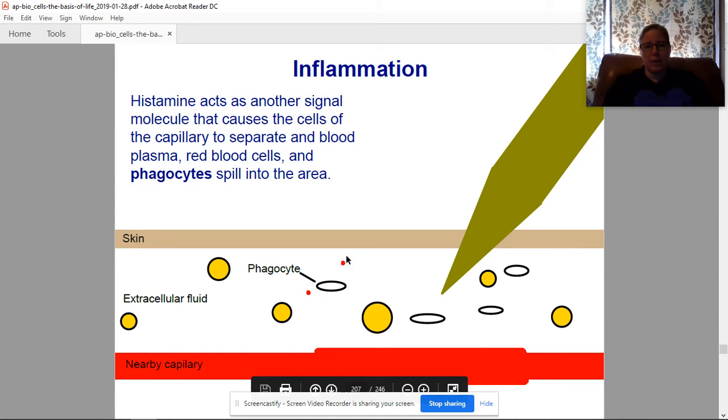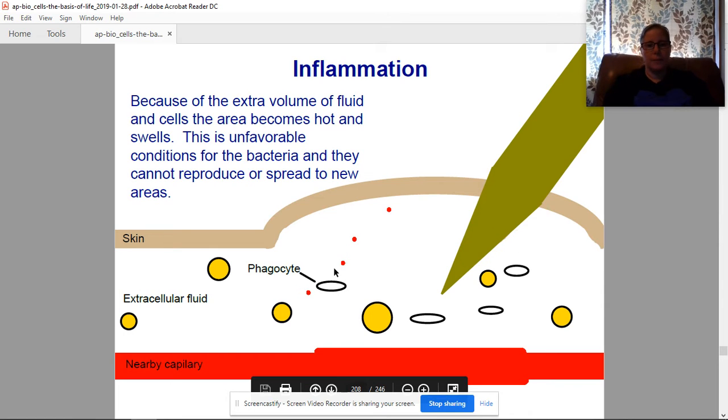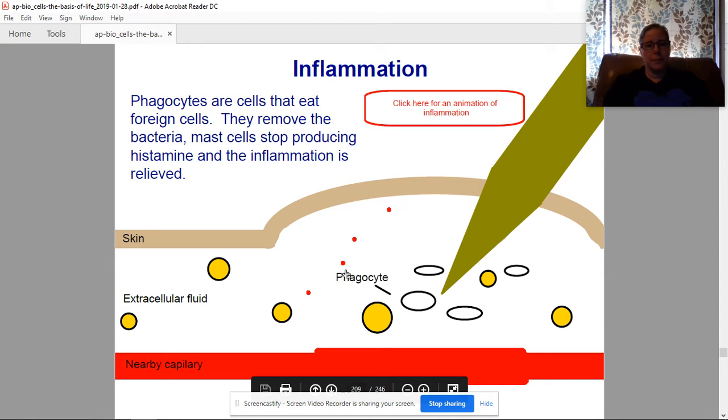Then you have your phagocytes, which are going to engulf that bacteria. Because of this increase of water from the mast cells, we get this swelling region. The phagocytes will eat any of the bacteria, and once that's all gone, it'll stop producing the inflammatory response and go back to normal.